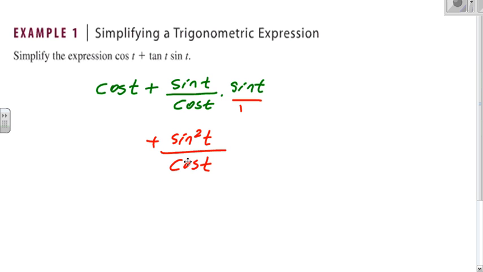To simplify, we should probably get a common denominator and try to combine these and see what we can get. So to get a common denominator, let's make the denominator be cosine. So multiply by cosine over cosine. So we get cosine times cosine is cosine squared over cosine.